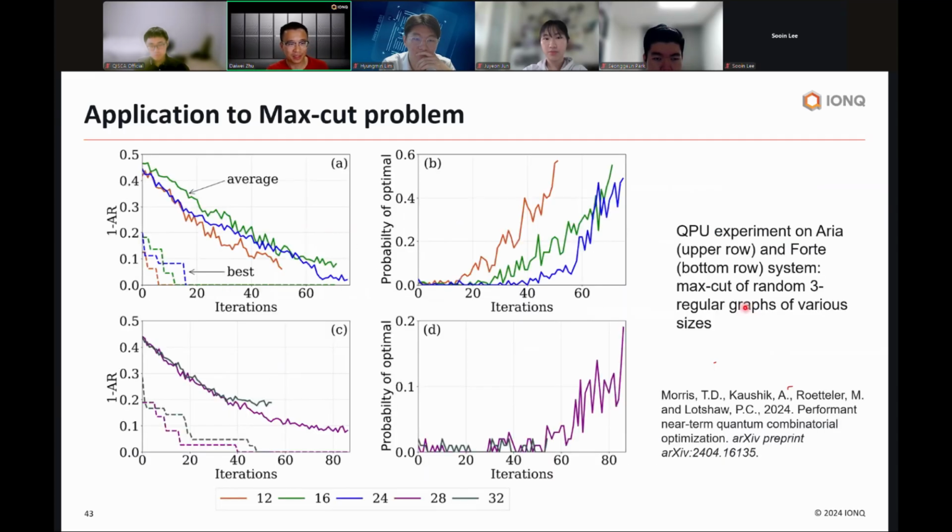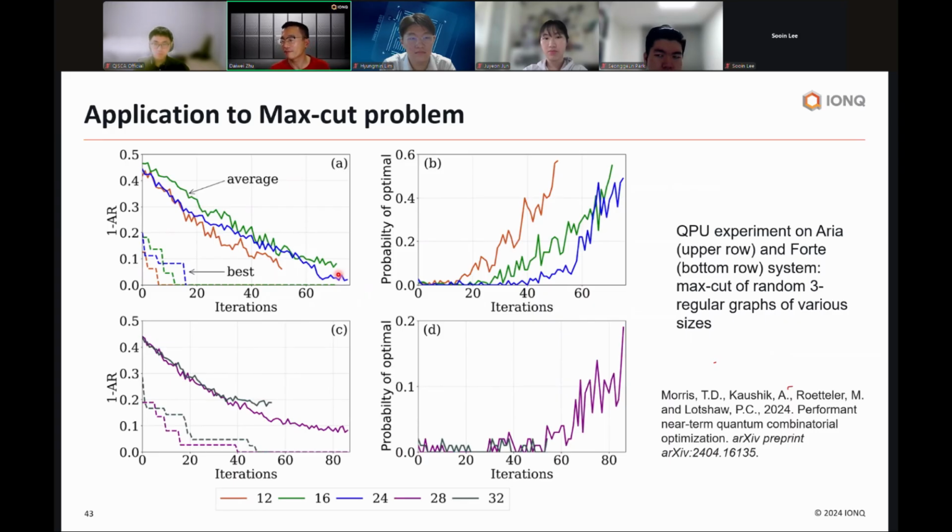And we also apply this on our QPU to test it, right? Here, different lines correspond to different problem sizes. And we see you can always optimize it effectively to the global optimum. So it's a very interesting algorithm.